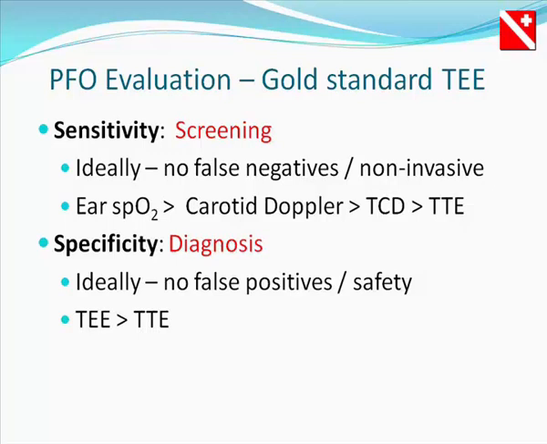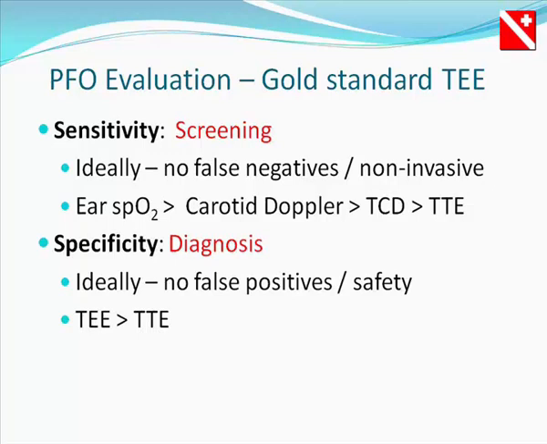And for a screening test, we'd prefer not to accidentally miss out on people, so we don't want false negatives. But we also need to consider that it's not a particularly invasive test. If you need to assess a lot of people, you don't know what the yield is going to be, you don't want to stick needles and probes and things in all kinds of orifices and either kill them or inconvenience them greatly, either physically or financially.